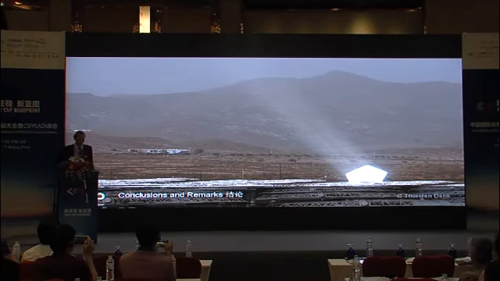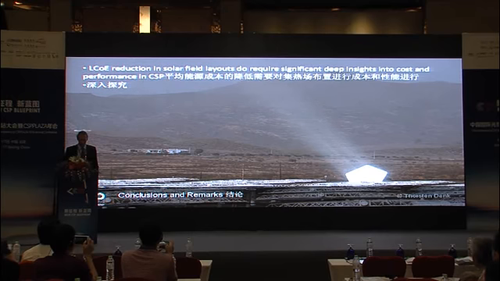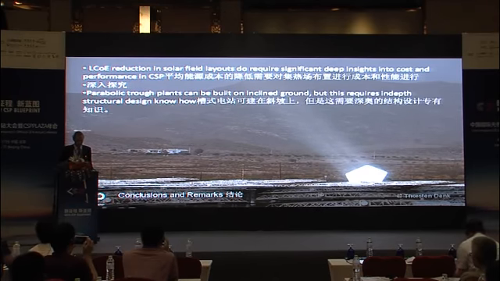So coming to the conclusion, LCOE reductions in solar fields are absolutely possible just by having a technology and making the layout better. But it needs quite a lot of insight into the technology and know-how to be able to tackle that. I don't know why we came up with the idea that parabolic troughs should be flat.